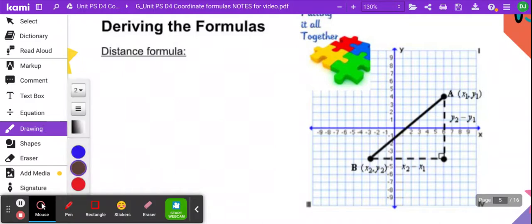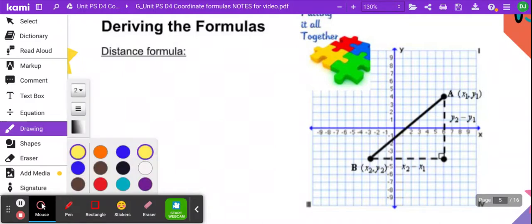Well, if you look here, this distance, really, I'm looking at the x's, right? I'm looking at that -3 and that 6, right? So really what I'm doing is subtracting, right? So that's why it's saying x2 minus x1, okay? And then if you look at this other leg, oh, guess what?